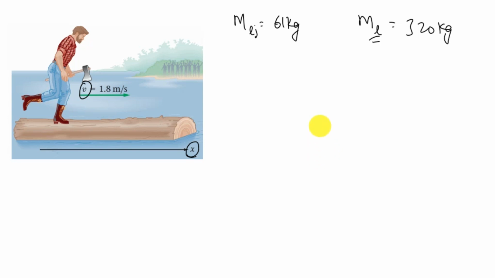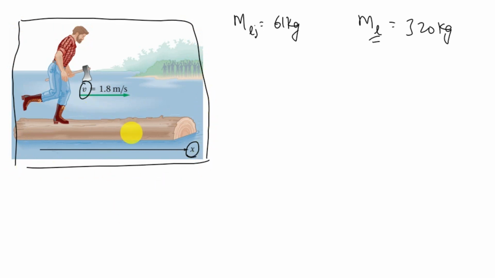So it's a simple thing, we have to use the conservation of momentum here, because if you take the whole, the log and the lumberjack, to be our system, the force the lumberjack applies on the log is an internal force, and since there is no external force acting on the system, we can conserve the momentum.